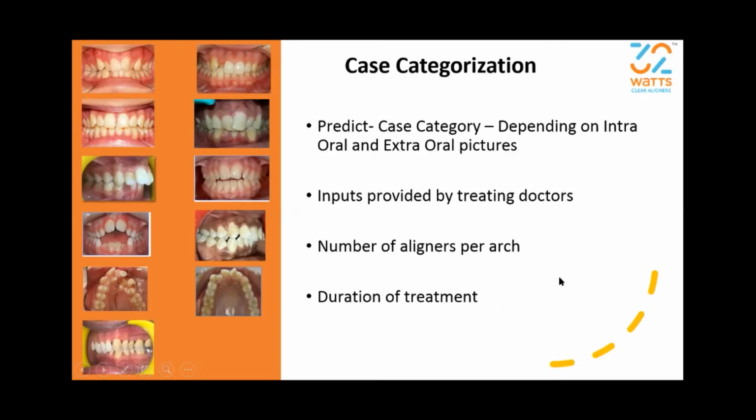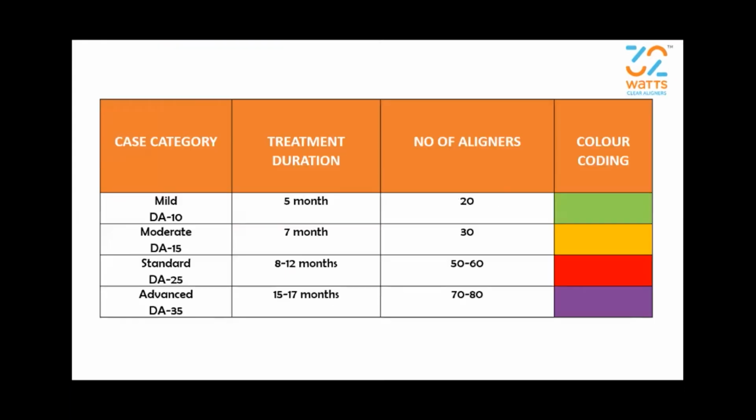Now to make it further easier, we have categorized the cases into 4 types. One is the mild category. Then the next one is the moderate category, then the standard category and the advanced category. All these categories are defined based on the number of aligners which are required to treat the malocclusion.